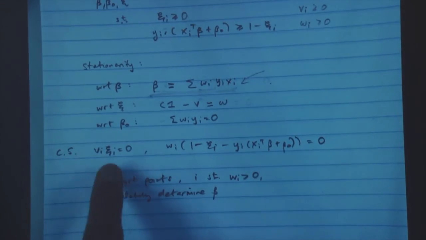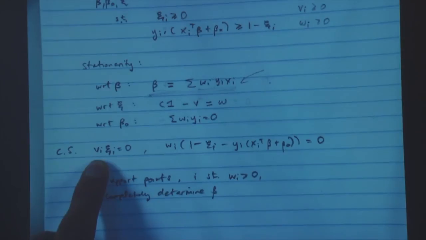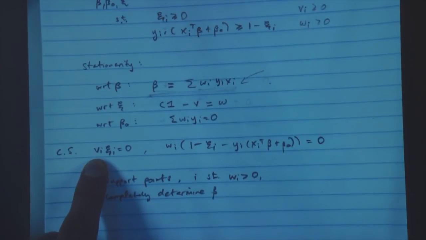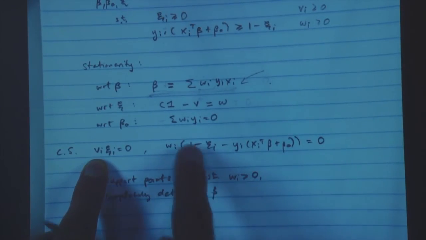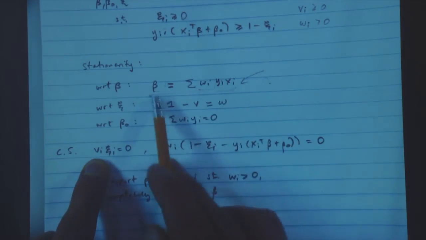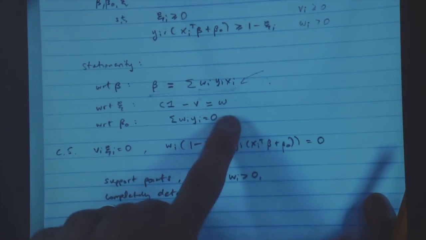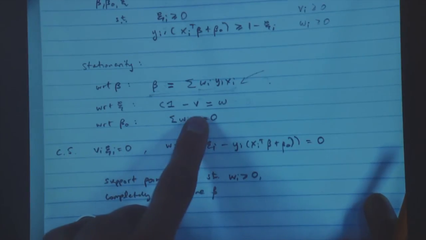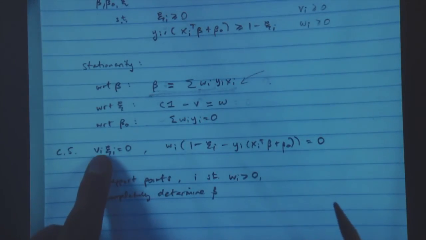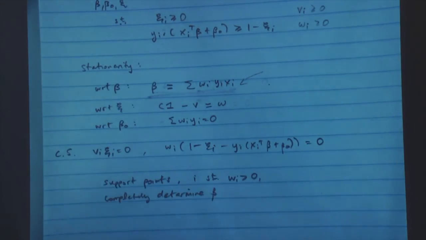Then we know by complementary slackness that v_i can be bigger than 0, which means that, according to this equation, the w could lie anywhere between 0 and c, because w_i is equal to c minus v_i. Because psi_i is equal to 0, v_i is allowed to be bigger than 0. So we could have w being, for example, c over 2. That would be a perfectly legitimate choice according to the KKT conditions.